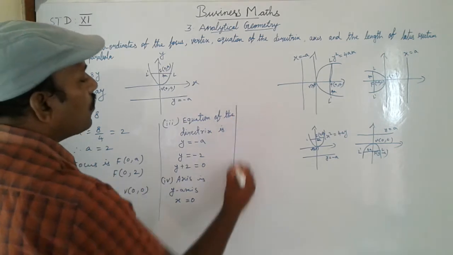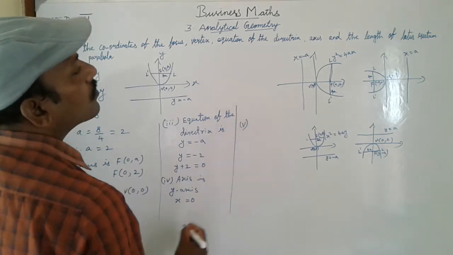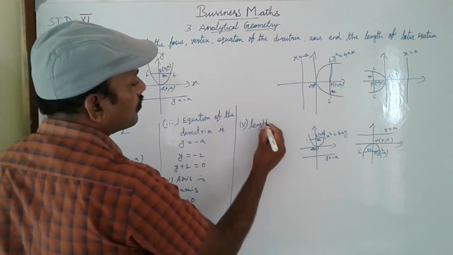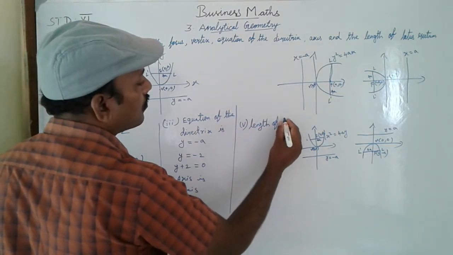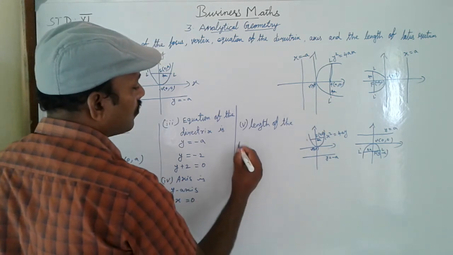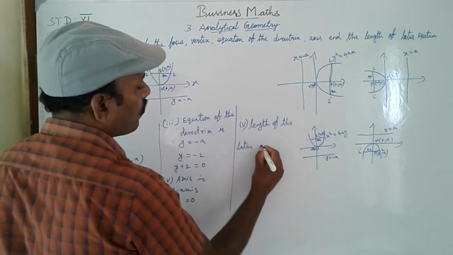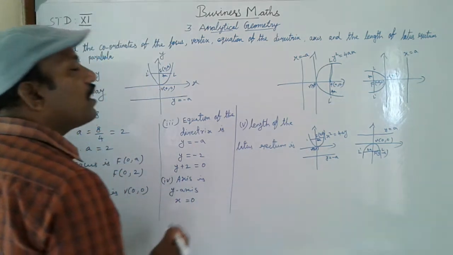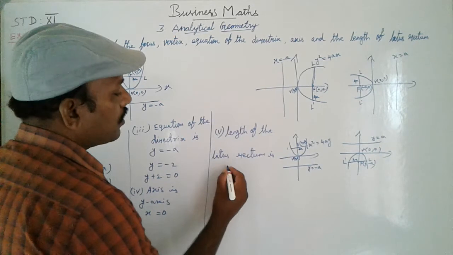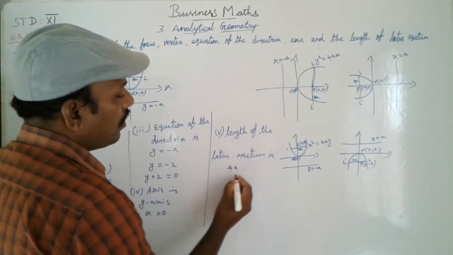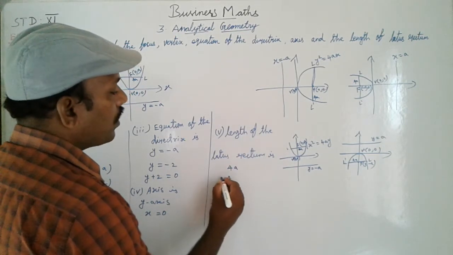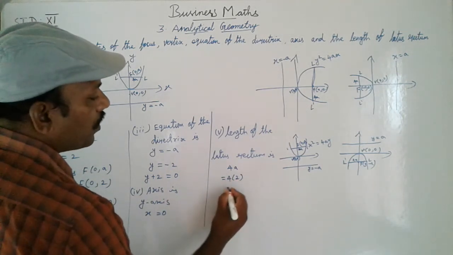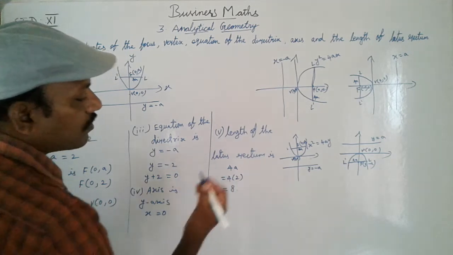Fifth, the length of the latus rectum is 4a. 4 into the a value 2 equals 8. That's all.